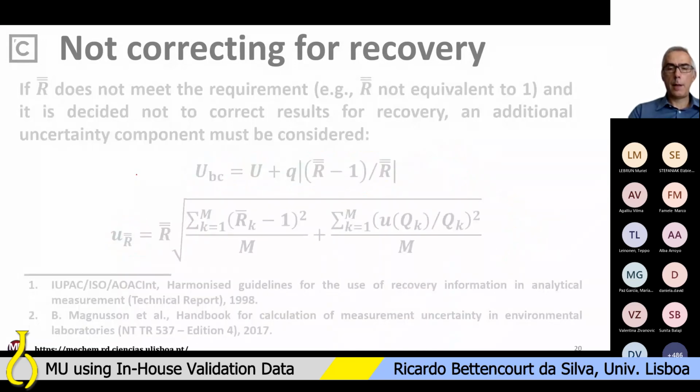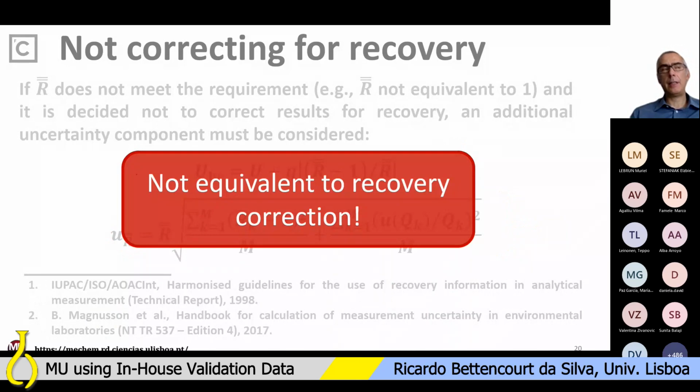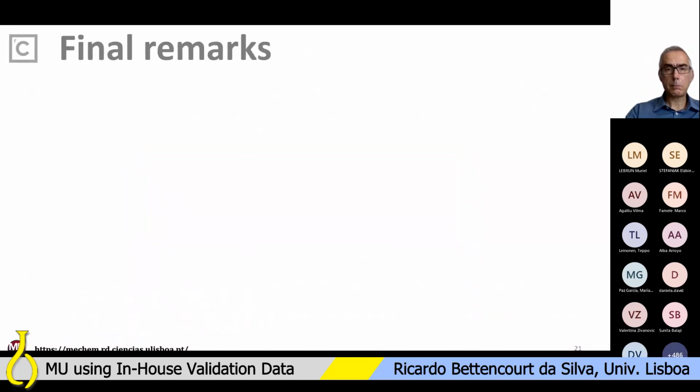So any of those approaches, and there are even alternatives to these ones, are not equivalent to correcting results for recovery, as described previously.